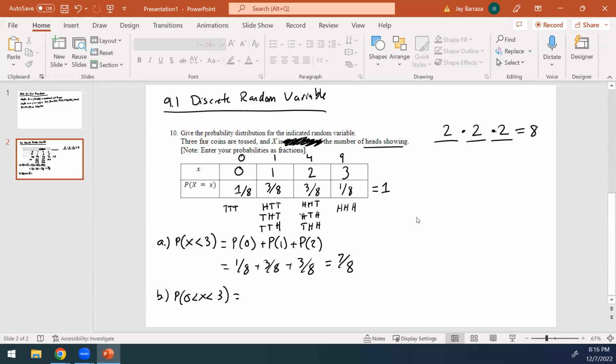So what numbers are between 0 and 3? Well, that would be the probability of 1 plus the probability of 2, because 0 is equal to 0, not bigger than 0. So then that's 3/8 plus 3/8, which is 6/8, right? Are there any questions on that? I want to make sure.